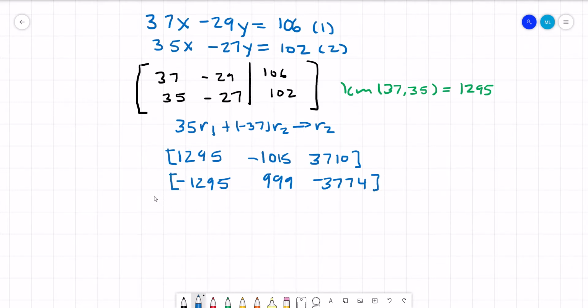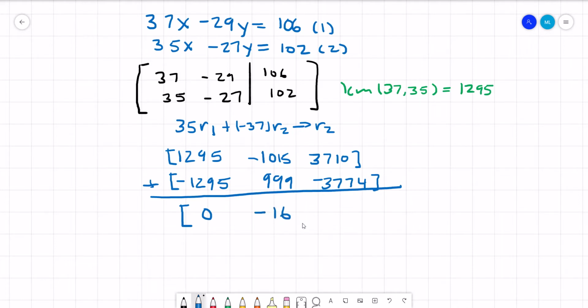I wrote it out like this so we see what those computations are when you combine them, because we need to know what row 2 comes out to when we add. So when we add, we get 0. But we also need to combine like terms: we add this negative 1015 to 999, which gives us negative 16.